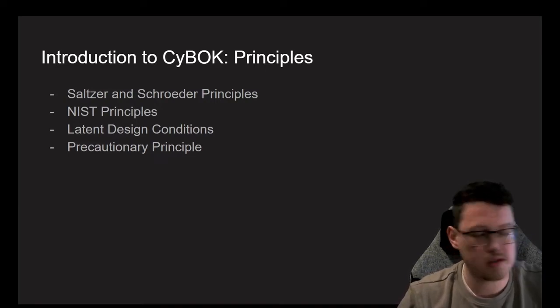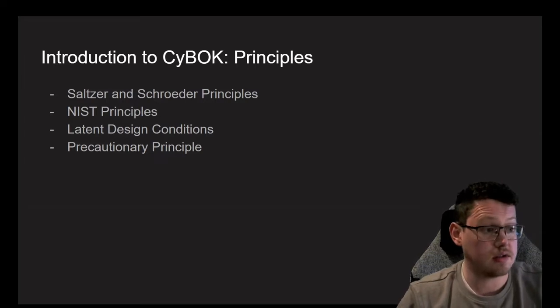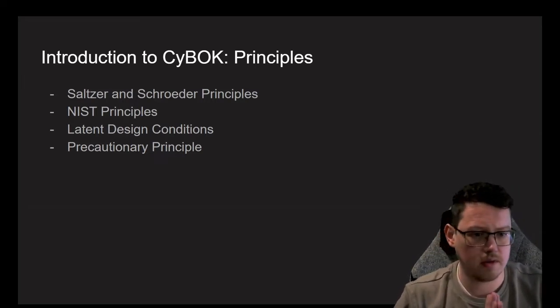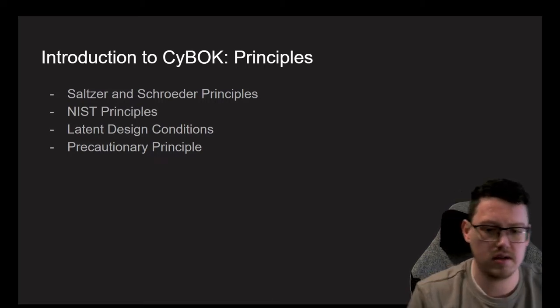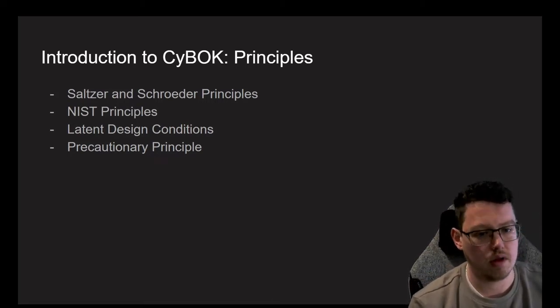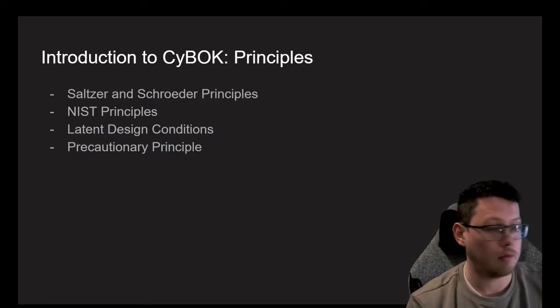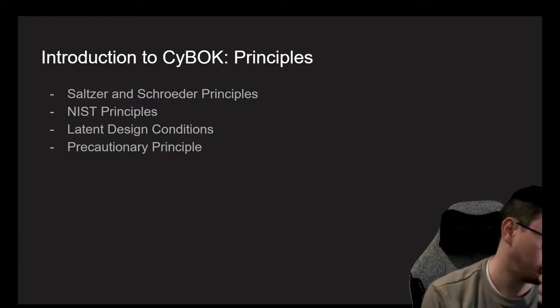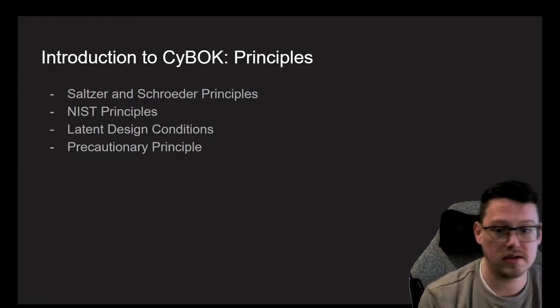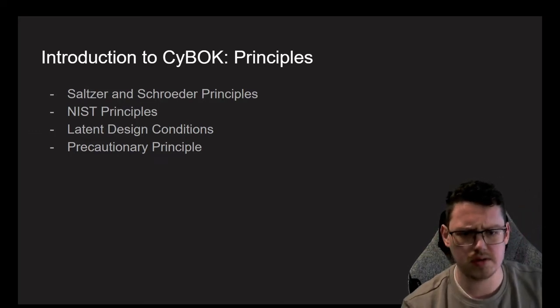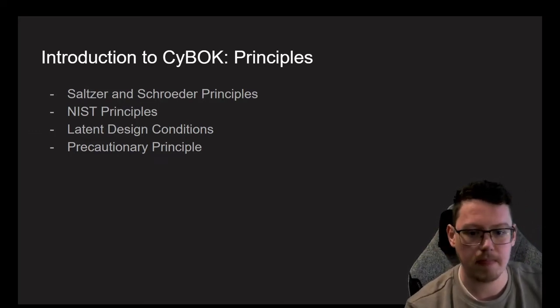We're going to look at their 10 principles, and then we'll look at the National Institute of Science and Technology, NIST, a US government agency that provides standards, and their ideas build upon and modernize some of the ideas that Salzer and Schroeder defined. Then we'll look at latent design conditions and the negative impact that past design decisions can have, using something called the Swiss cheese model to make sense of it.